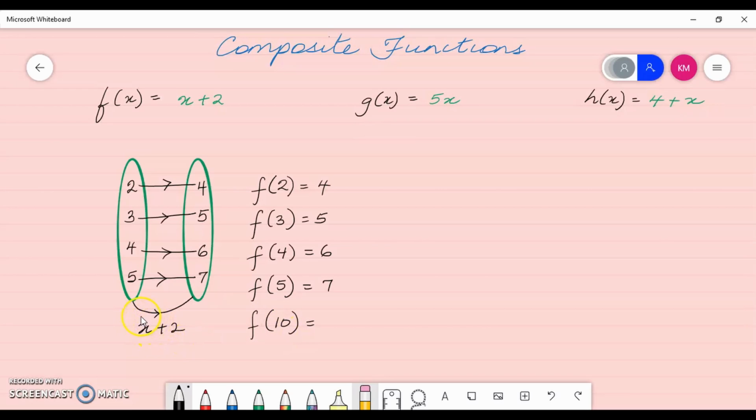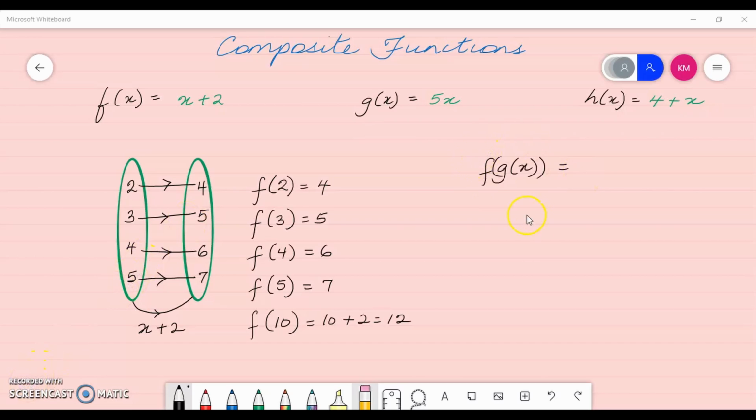So we substitute 10 for x, and it becomes 10 plus 2, which is going to give us 12. Now, in composite functions, what you are going to meet is working with 2 or more functions at the same time.